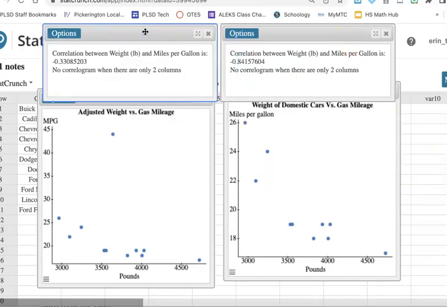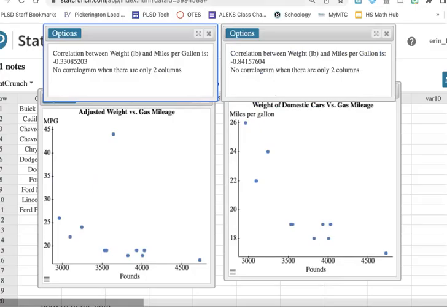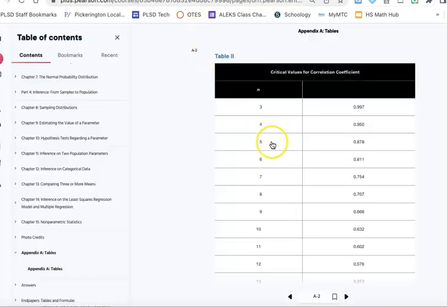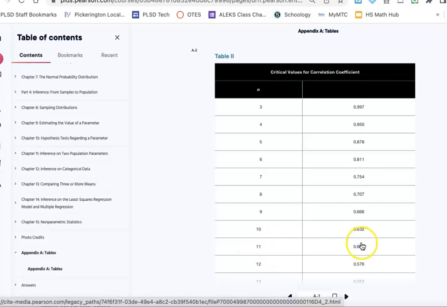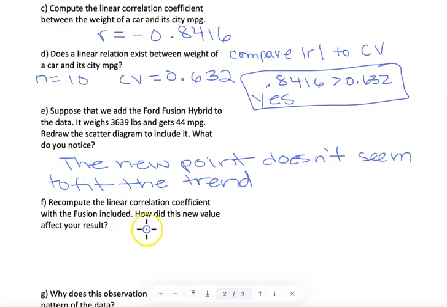So remember how we said that anything kind of below 0.4 on the positive side, or higher than negative 0.4 on the negative side, was probably not going to be a correlation. Look at this huge difference with that data point added in. So I now have n equals 11. So if I am recalculating my critical value, n equals 11, it does drop it to 0.602, but n equals 11, CV equals 0.602.